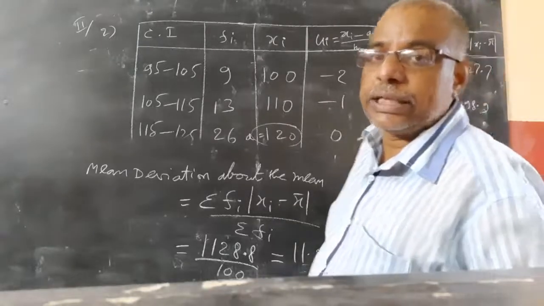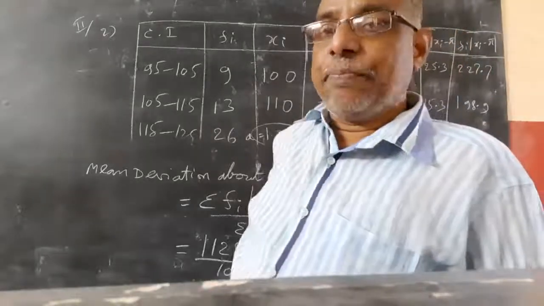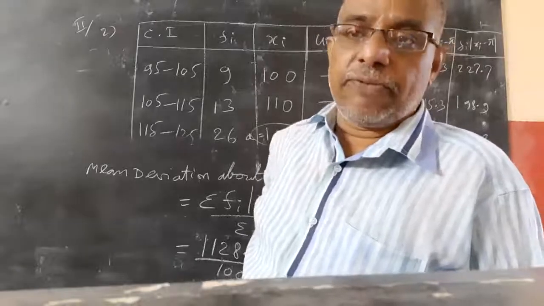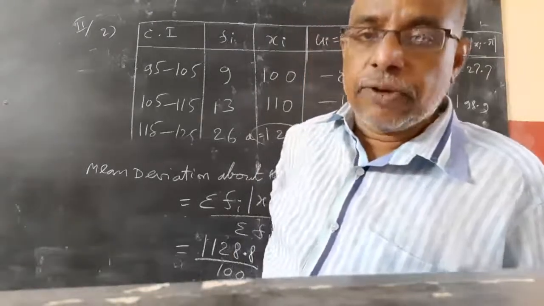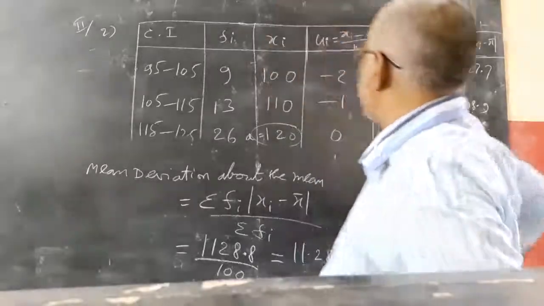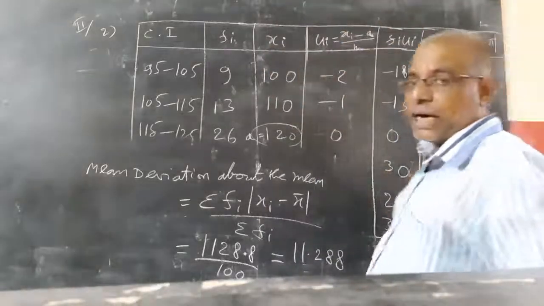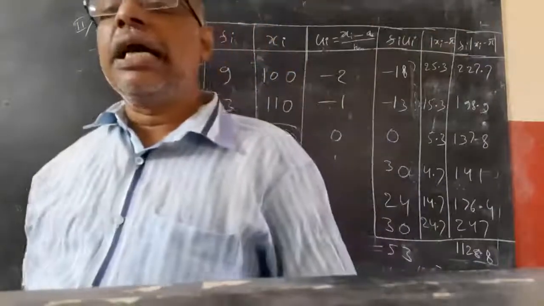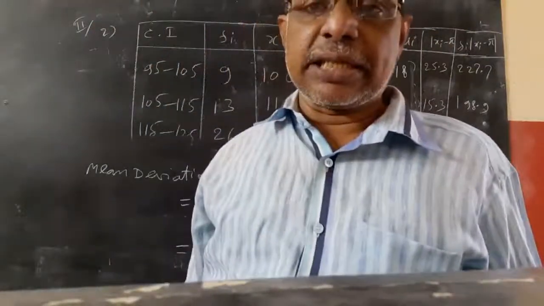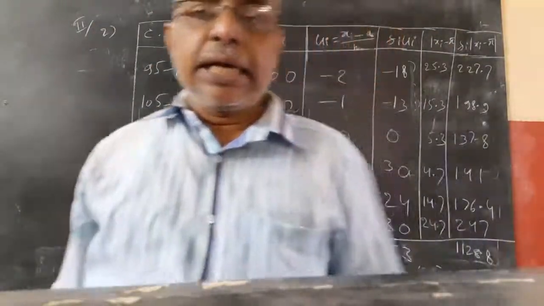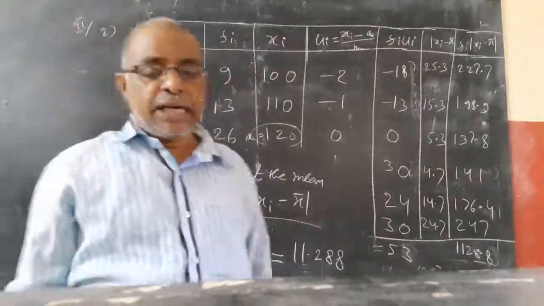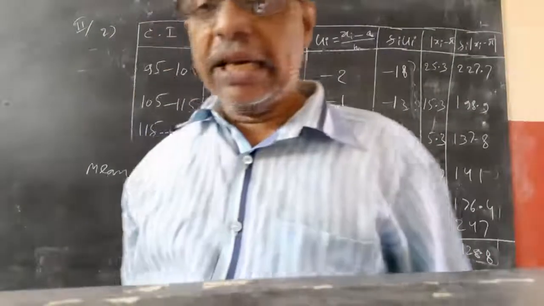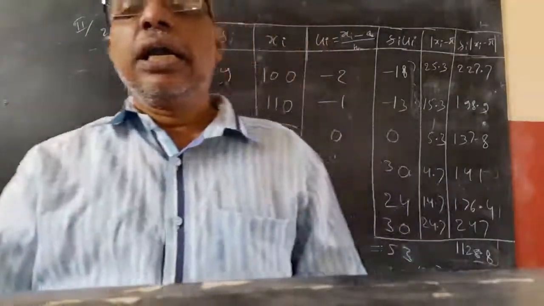Then the mean formula is a plus sigma fi ui by sigma fi into h. After calculating the mean, we take it as x bar. Then we find modulus of xi minus x bar, then fi into modulus of xi minus x bar, and added together gives sigma fi into modulus of xi minus x bar, divided by sigma fi, which gives the mean deviation about the mean for grouped data. Like this we will calculate.